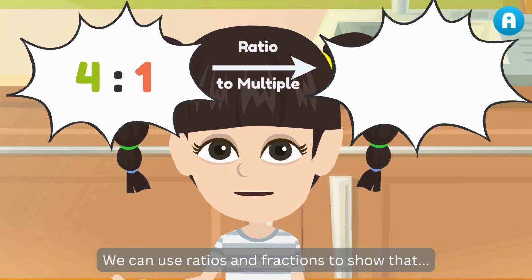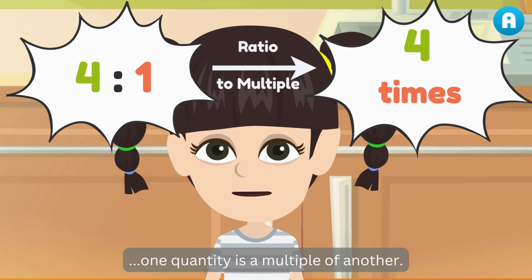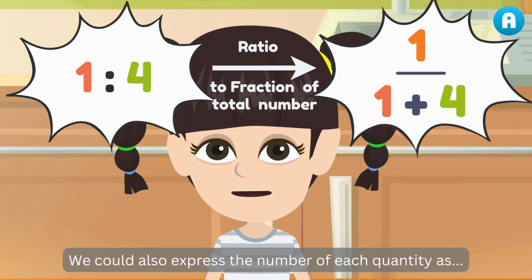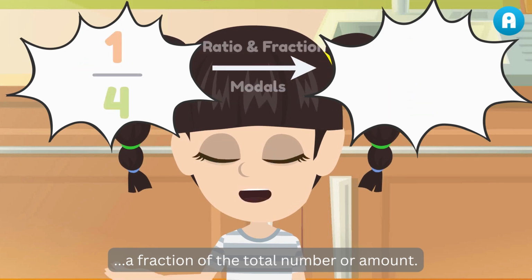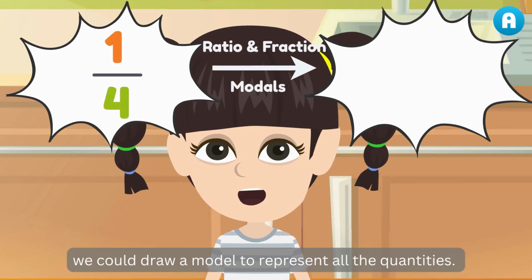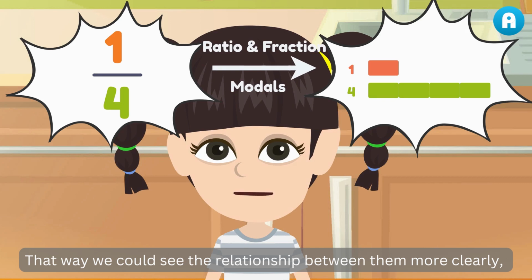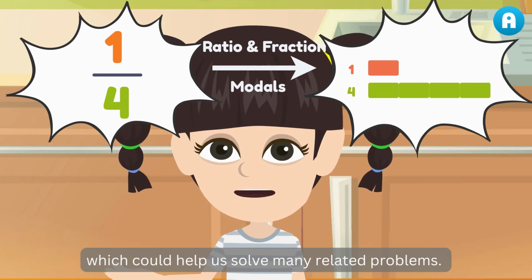We can use ratios and fractions to show that one quantity is a multiple of another. We could also express the number of each quantity as a fraction of the total number or amount. Oh, and one more thing, we could draw a model to represent all the quantities. That way we could see the relationship between them more clearly, which could help us solve many related problems.